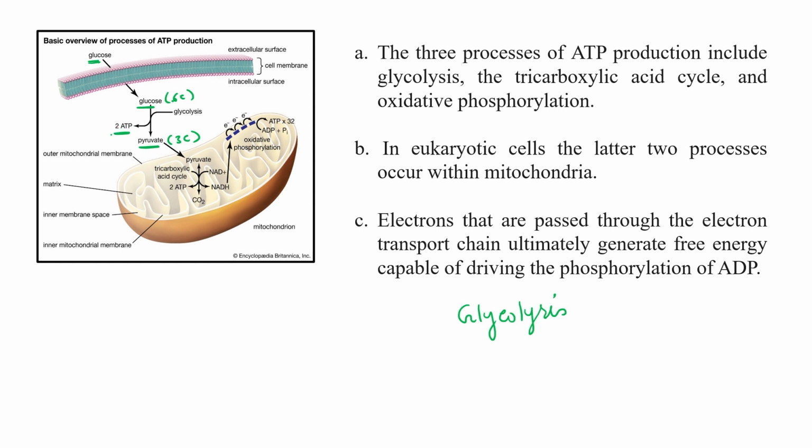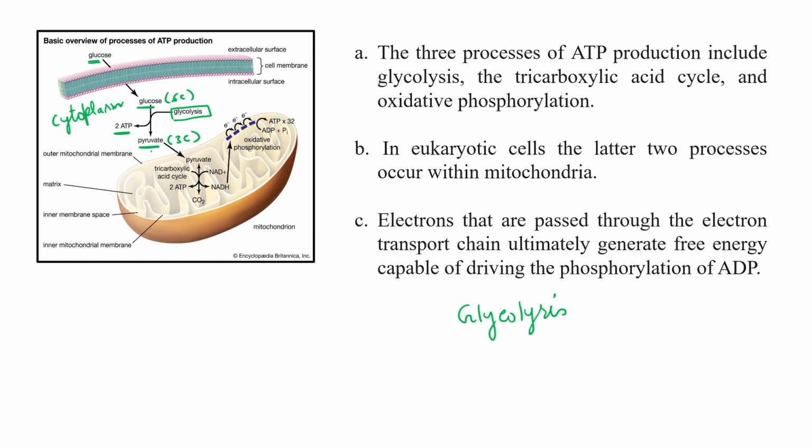Total 4 ATP are produced during glycolysis, but in the initial steps we have already utilized 2 ATP molecules, so a net gain of 2 ATP occurs, and this whole process occurs in the cytoplasm. This we have discussed in our previous video lecture.